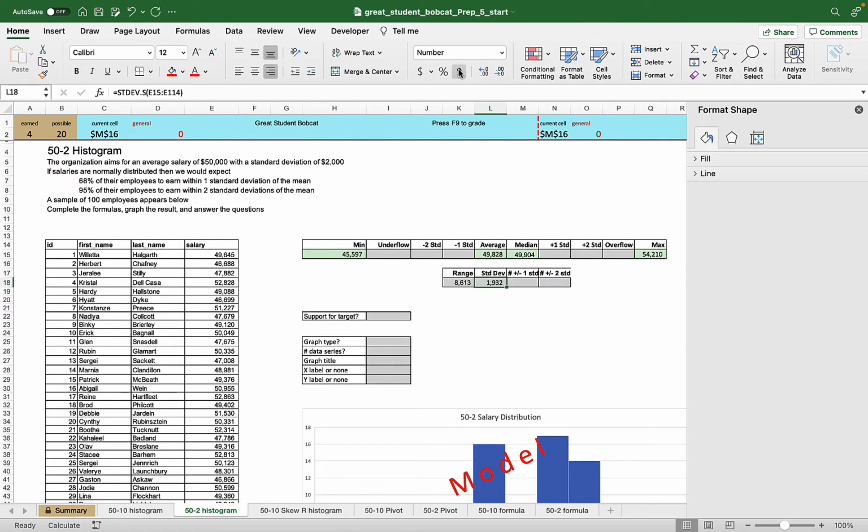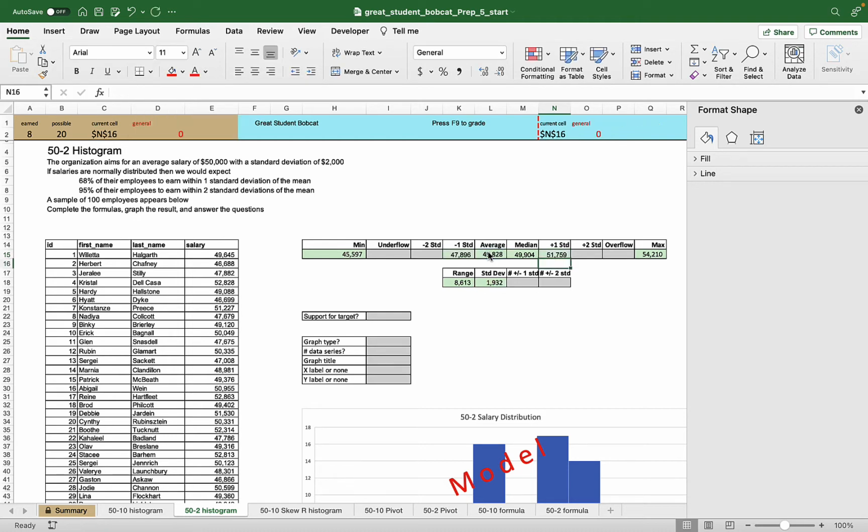And keep grading. Okay, so what's one standard deviation less than the average? It would be equal to the average minus, there's your standard deviation, which is around 2,000. I mean, it's close, right? And equals that plus the standard deviation.